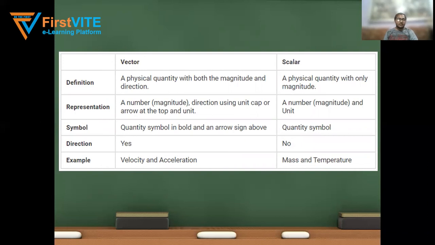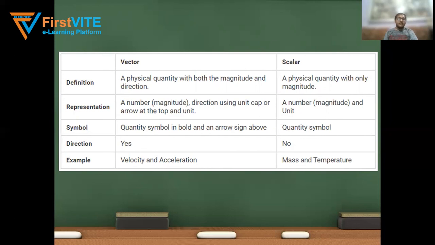The representation. The representation of a vector quantity consists of an arrow above the alphabet, whereas in a scalar quantity we only use a number, a magnitude, and a unit. The symbol for representation of a vector is an arrow sign, whereas in a scalar it is a quantity symbol.